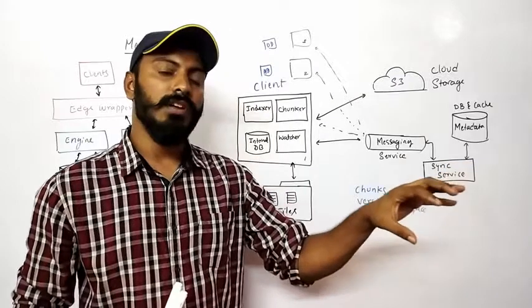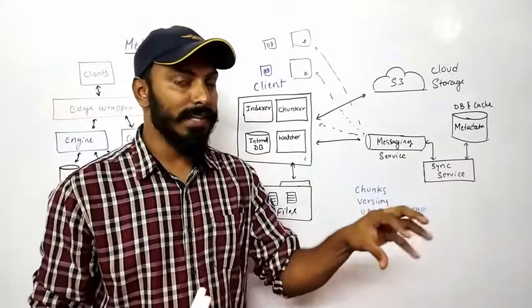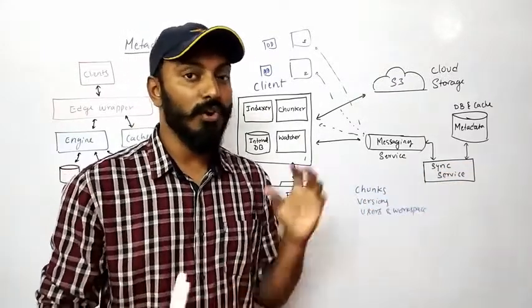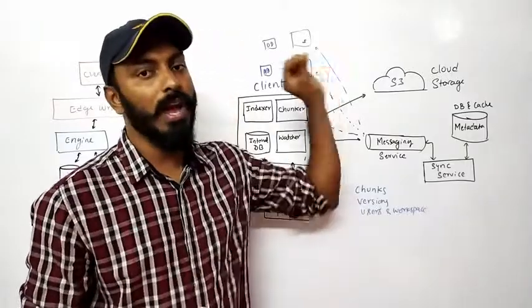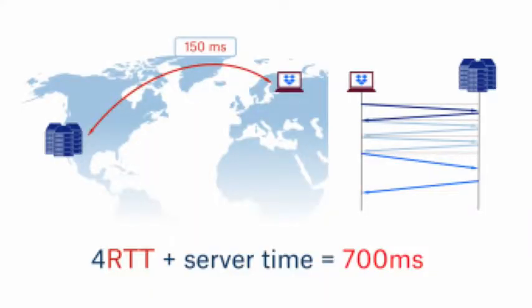What these servers contain is the metadata information, because without metadata we can't download any of the files from Amazon S3. Look at this first picture, which explains this. Consider that the metadata and the data are both stored in the US region. If a user from Europe wants to download it, it takes about 700 milliseconds.